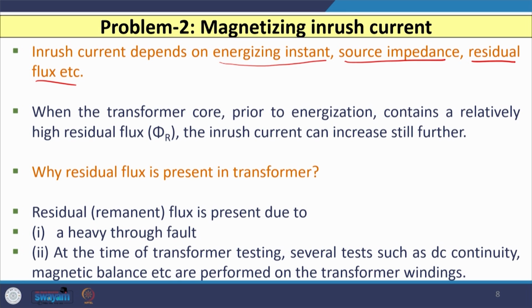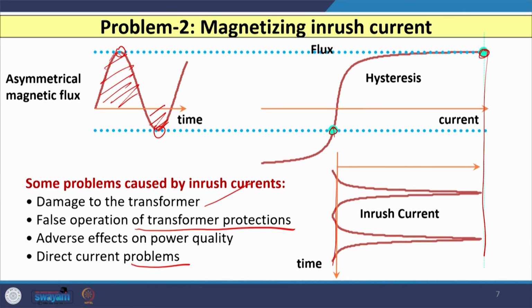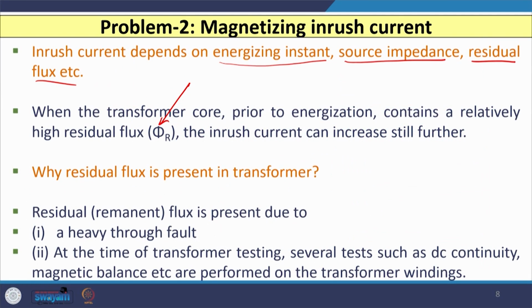When the transformer core, prior to energization, contains a relatively high residual flux, normally indicated by phi r, that flux is superimposed on this flux, and the magnitude of inrush current increases again.